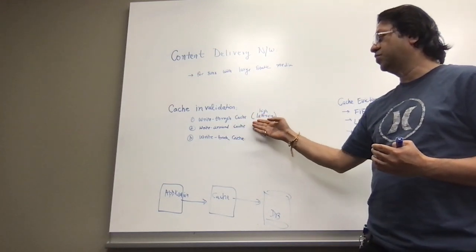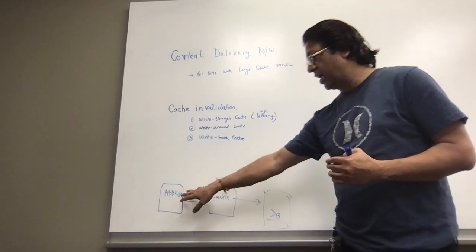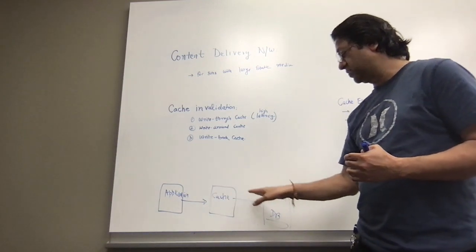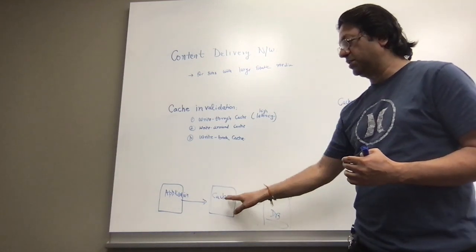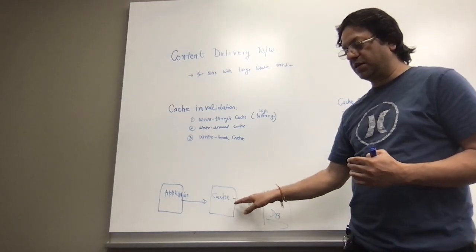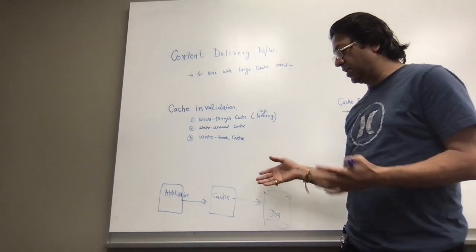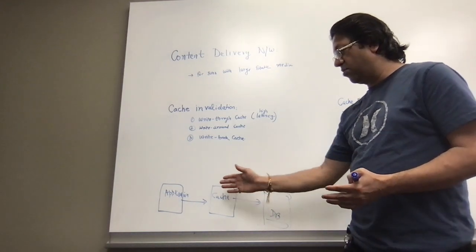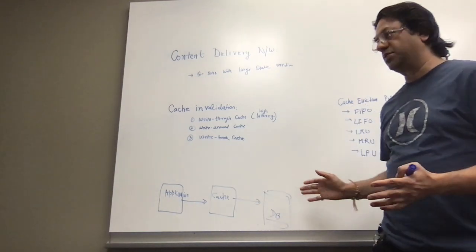Number one is the write-through cache. Here the application writes to the cache, and the cache writes to the database. So they are coherent and consistent. Whenever a power failure comes in any one of the systems, they all are consistent.